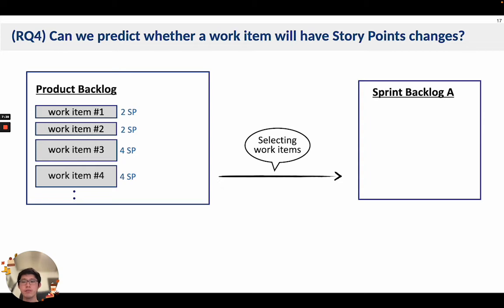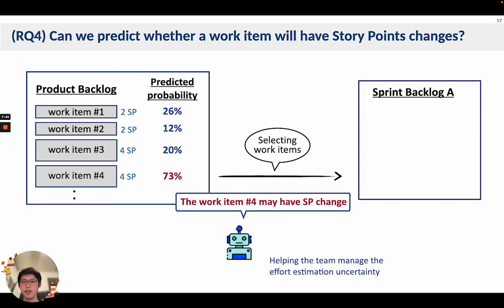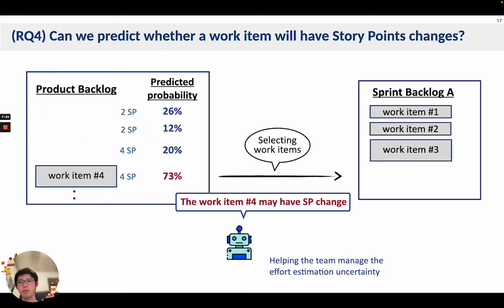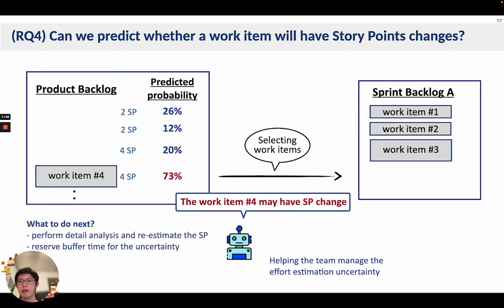To help the team save effort in managing the uncertainty, we propose an approach to predict whether a work item will have a story point change after being assigned to a sprint. The team can select the work items with low probability to the sprint. For the work items with high probability, the team may perform detailed analysis and re-estimate the story points or reserve buffer time in the sprint for the uncertainty.